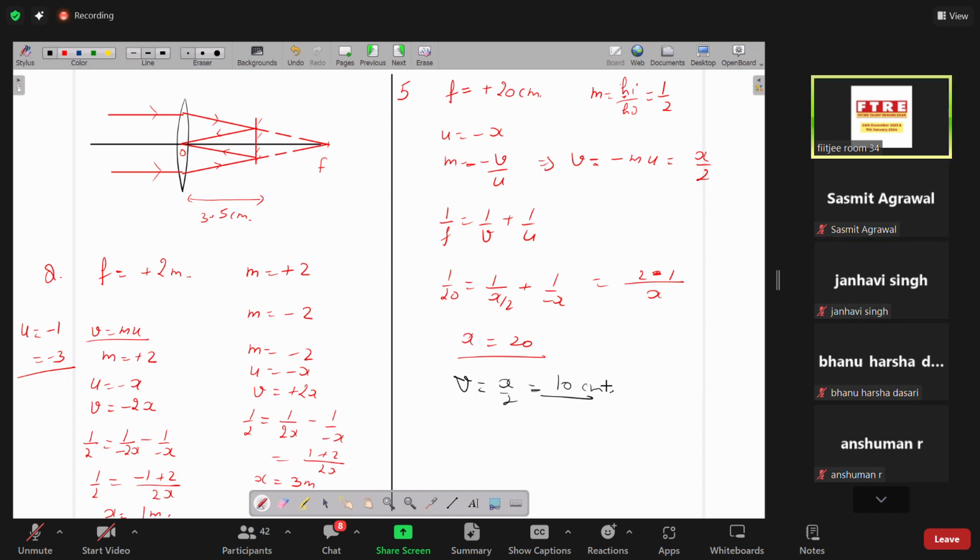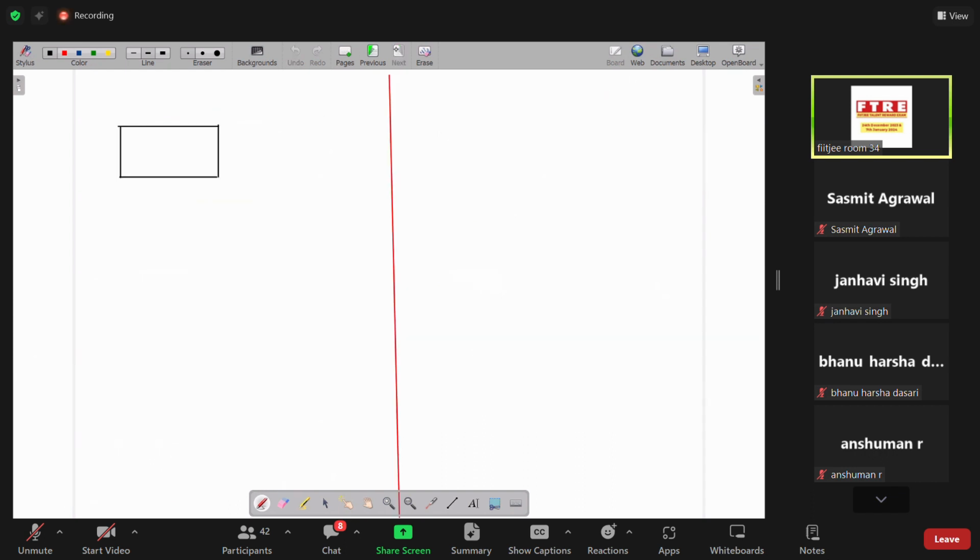Okay, then we are discussing this thing. That there is a glass slab, and in its middle there is an air bubble. Say from one surface the depth is x, from the other surface the depth is y. The thickness which you have to find out is equal to x plus y. Refractive index of glass medium is 1.5. It is given that when viewed from one surface, depth appears to be 3 centimeter.